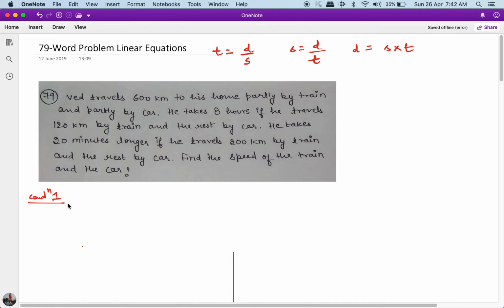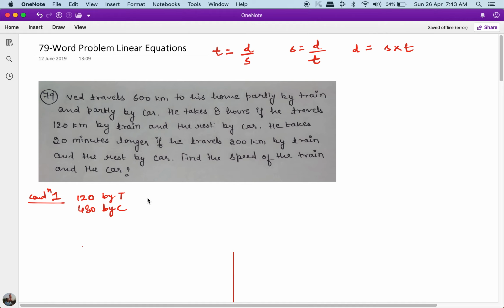Condition 1: 120 kilometer by train, and what is the remaining? The remaining is 480 kilometer by car.